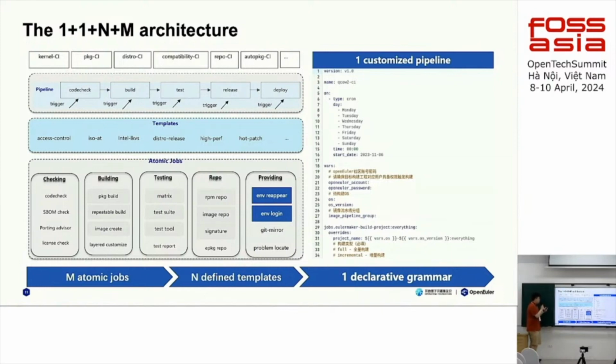It means one pipeline is under a certain declarative grammar, like the right picture, by several keywords, and it has n kinds of defined templates served for different scenes, which are predefined by the maintainers, and all the templates arrange m kinds of atomic jobs, such as building or testing different kinds of scripts.